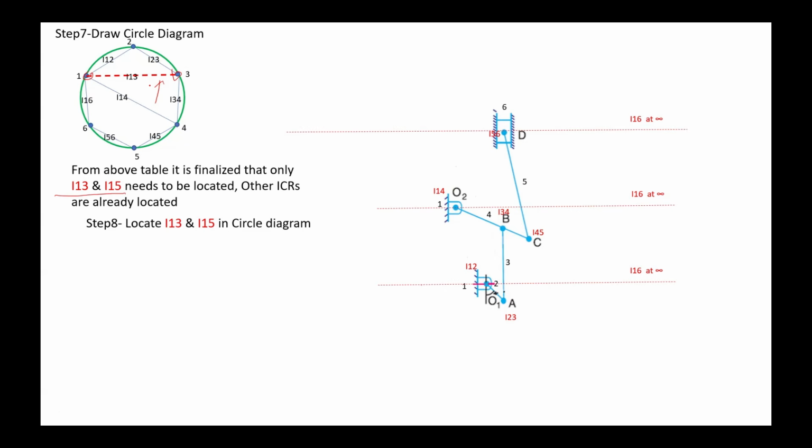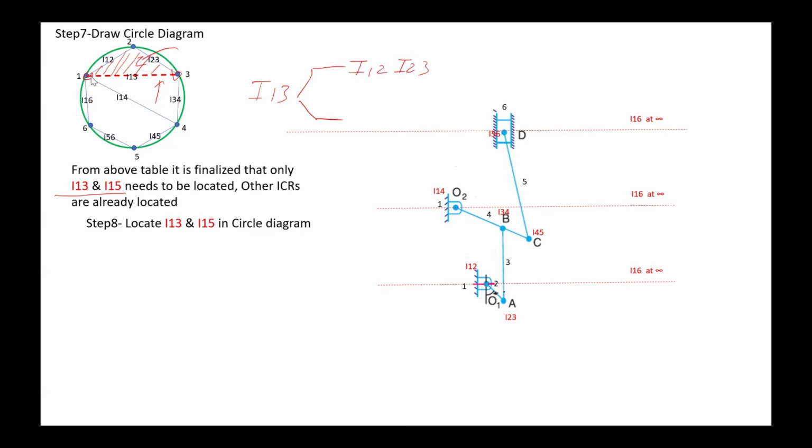Now to find this ICR, you have to just see the triangles. Which triangle is there? For ICR 13, you will get by Kennedy's theorem, by referring the first triangle, this will be in line with the I12 and I23.